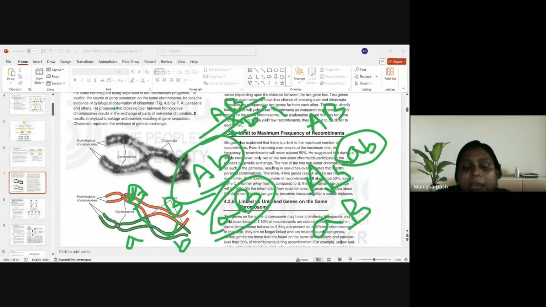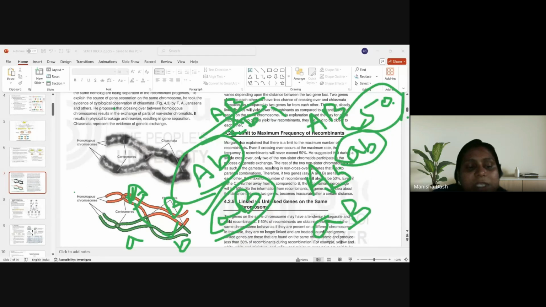Another thing you should keep in mind is that the maximum frequency of recombination could be 50%. This is the case in Mendelism, where the recombinants can occur in 50%, which is the case of independent assortment.